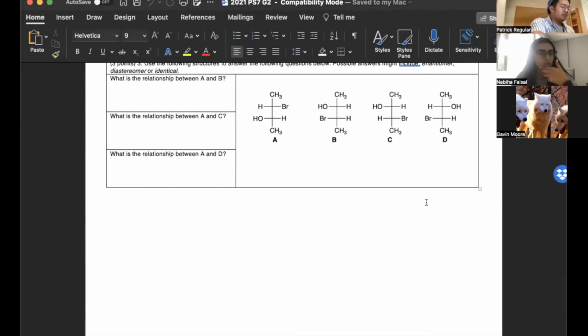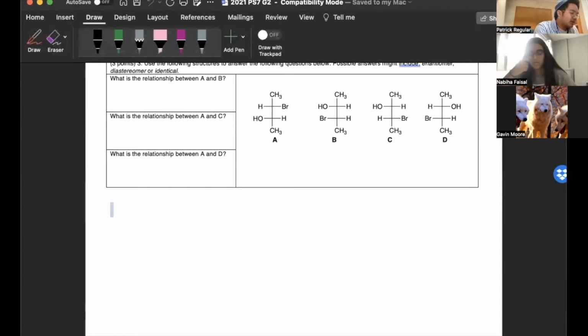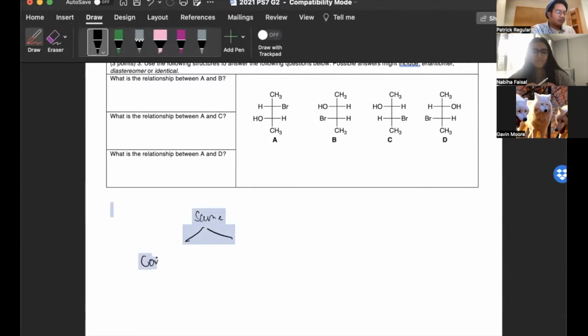Yes. Right, so you know that for isomerism, if they're the same compound, then they're the same compound. Constitutional isomers have the same formula, but I think different connectivity.